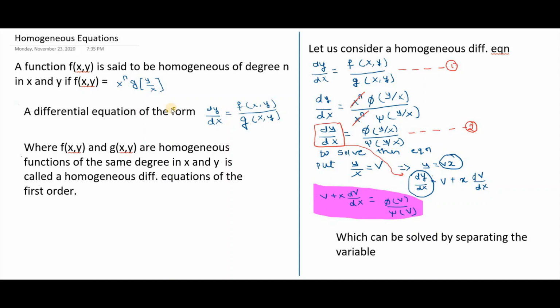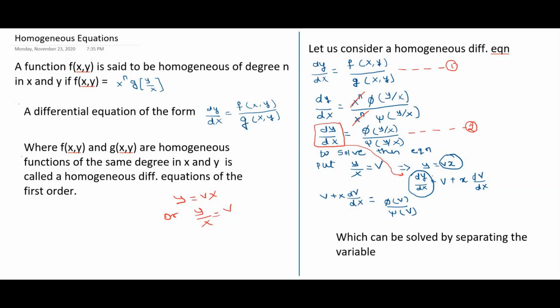So please remember, homogeneous differential equations can be solved by taking the substitution either y is equal to vx, or y by x is equal to v. Sometimes you can take y is equal to vx, and sometimes you can take y divided by x is equal to v.